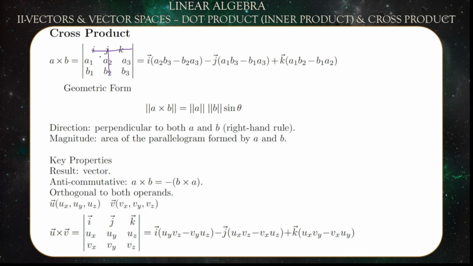So minus J times A1, B3 minus B1, A3. This is how we get it.